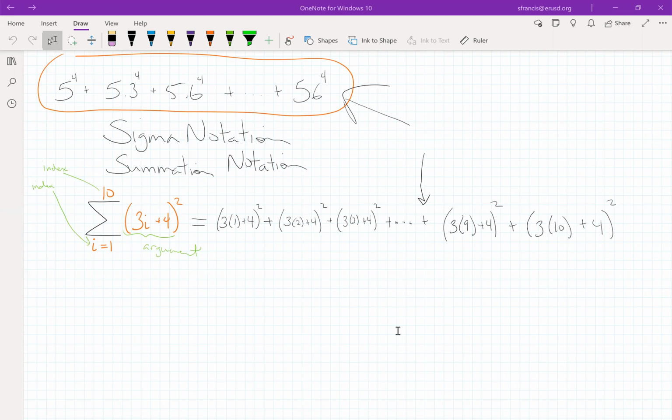Sophia, I don't want the numbers. I want the expanded form, just like I wrote on my screen. Notice I know I can do 3 times 1 is 3, plus 4 is 7, 7 squared is 49. I don't care about that at the moment. I want to see that you can show me the mechanics of how the notation works, not do the calculation.